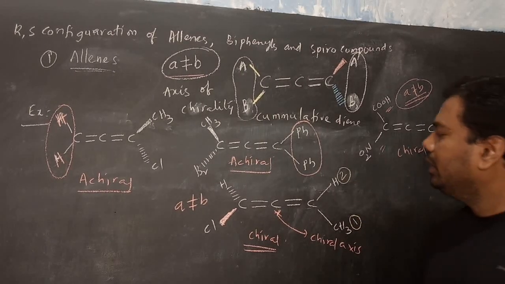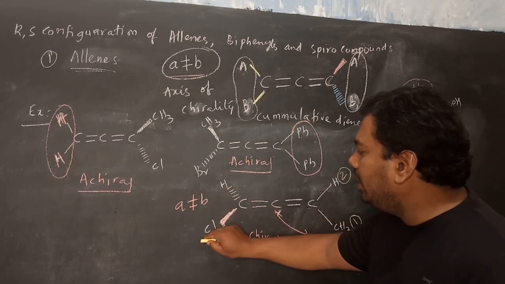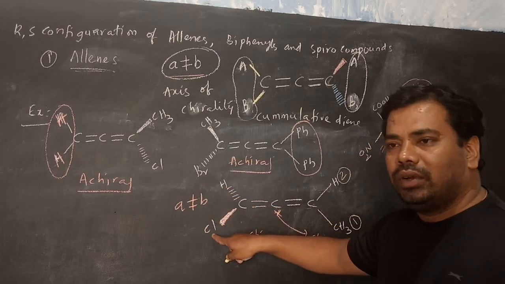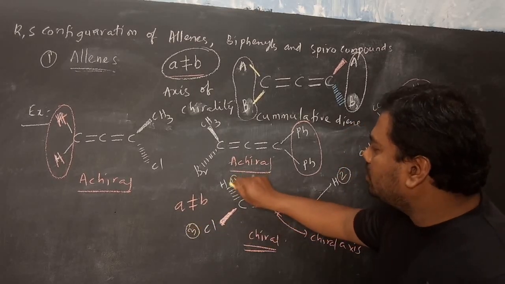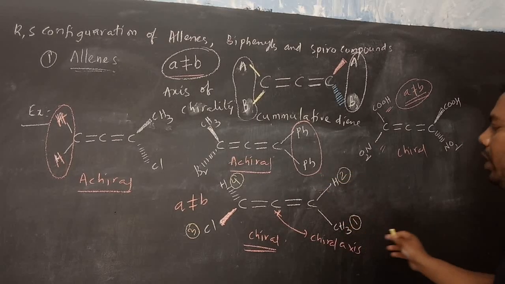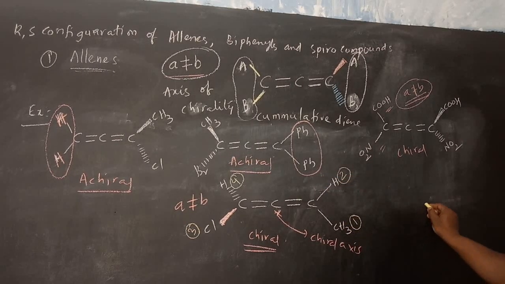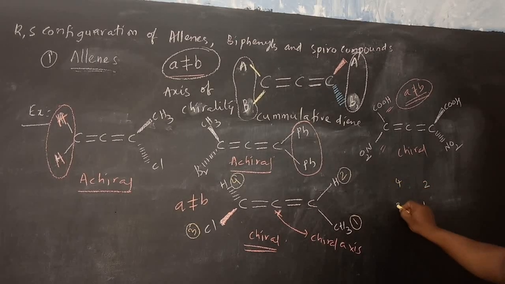After giving the priority to these two atoms, the atomic number of chlorine is more than hydrogen, so here the priorities are 1, 2, 3, 4. Just write 1, 2, 4 and 3.